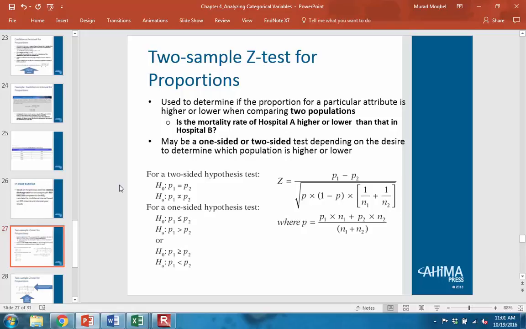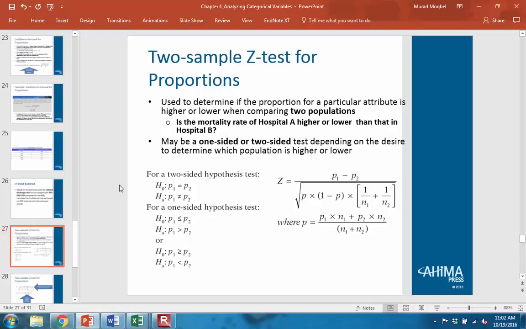So we said, if our question or our alternative hypothesis is saying, is there a significant difference between proportion A and proportion B, then it is a two-sided hypothesis, because we are not saying whether proportion A is greater or lower than proportion B. If we say it's just different, and we didn't indicate whether it is lower or more, then we are going to consider that a two-sided hypothesis.